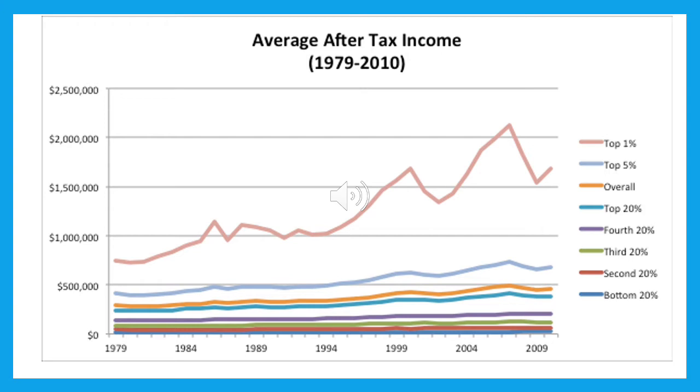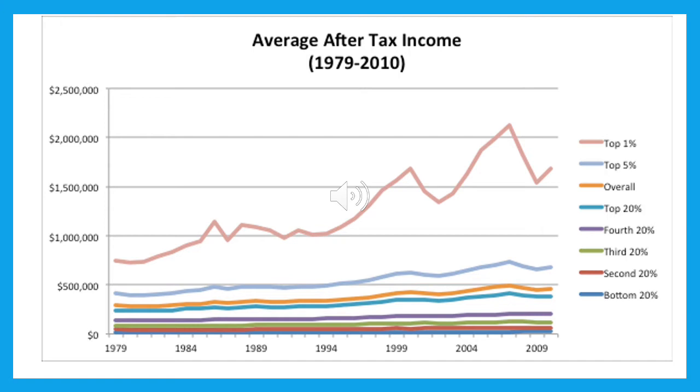The red line under that represents the second poorest 20% of Americans. And then the line all the way at the bottom, that you can barely see because it's pressed up against the legend, represents the bottom earners, the poorest 20% of all Americans.